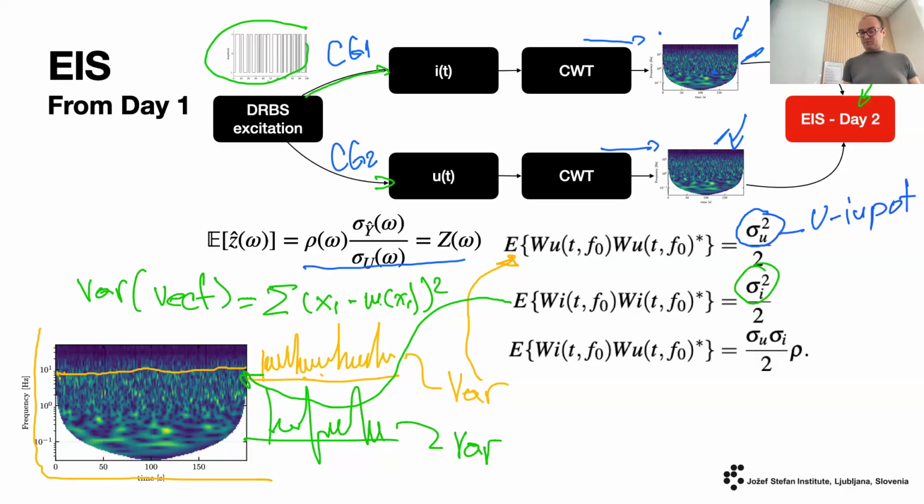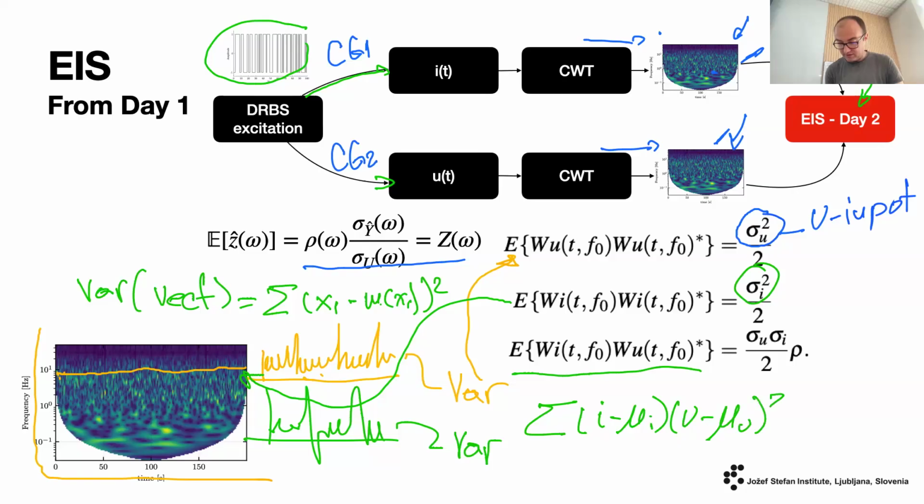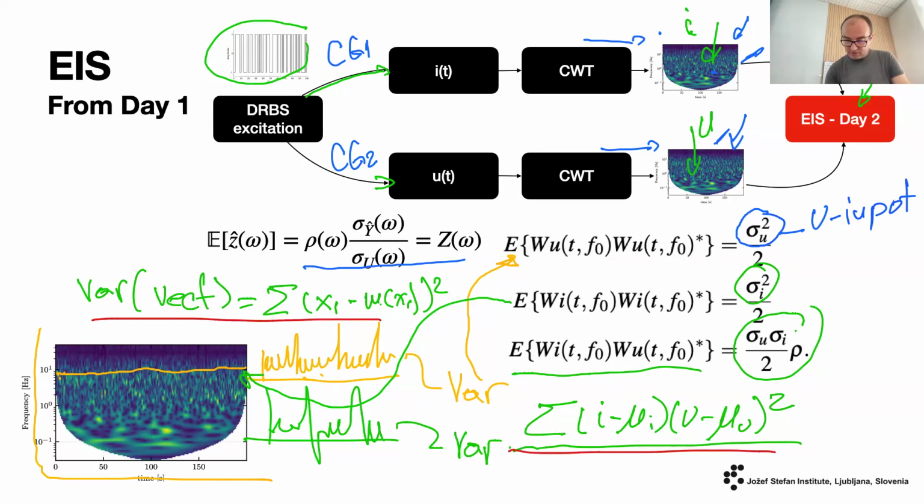And then the last thing we need to do is calculate this thing. How do we calculate it? So it is the sum of current minus mean of the current times voltage minus mean of the voltage. And we are getting this. Everything comes from these two maps. This map is y, this map is u, and I'm calculating this and this using these two maps.